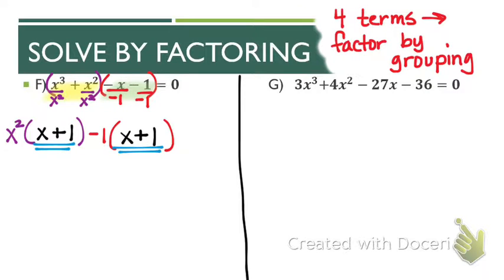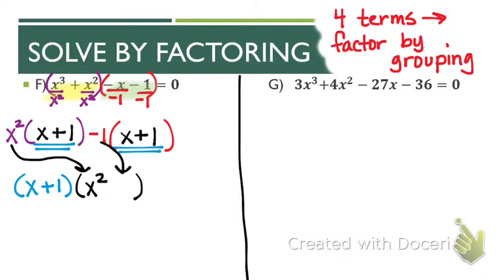So my first factor is x plus 1, and the second factor is what I took out. I took out an x squared and a negative 1. So these are my two factors.